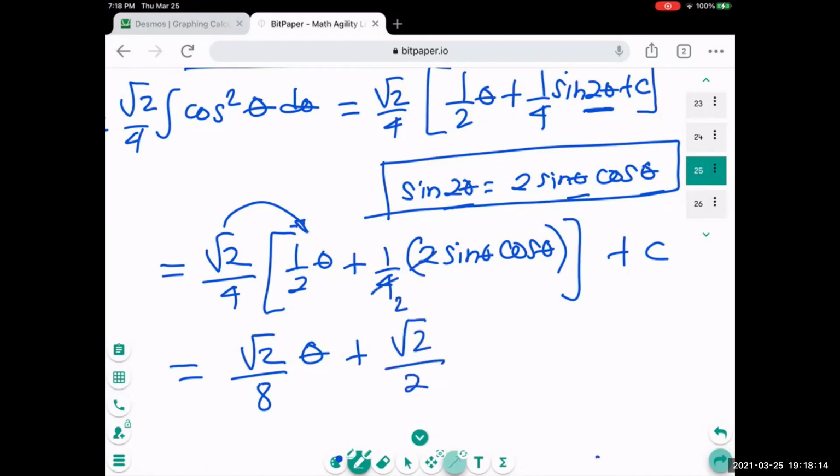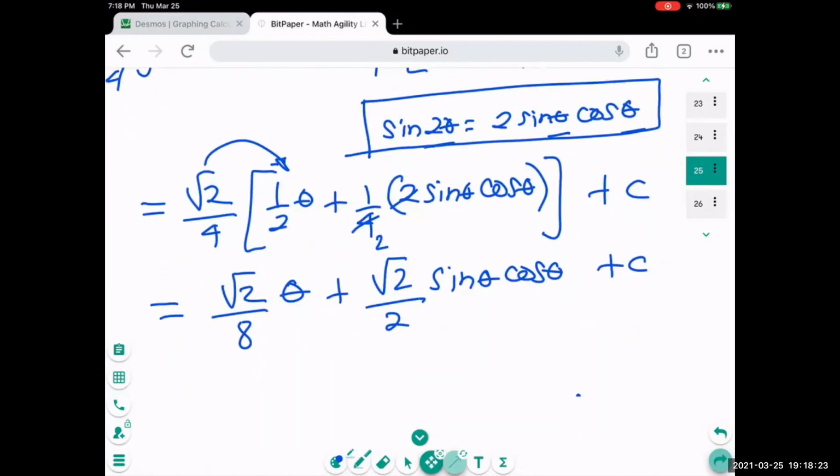So 2 na lang to, sine theta cosine theta plus c. I think we can rationalize the square root for both the first term and the second term of our answer. So before we transform it into the original variable x, let's rationalize it.